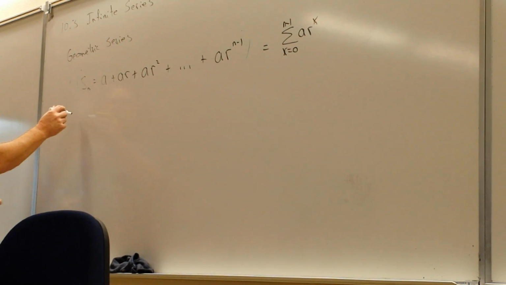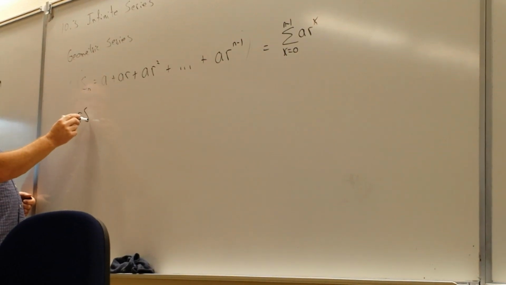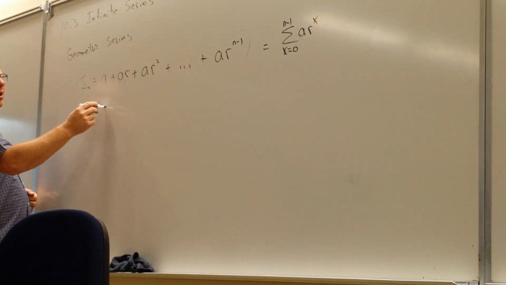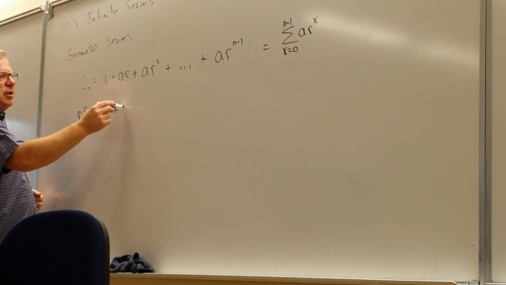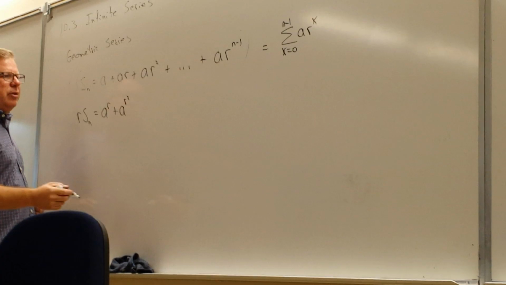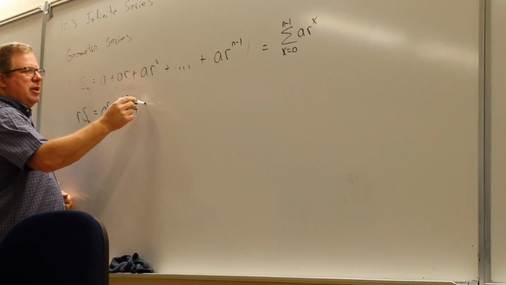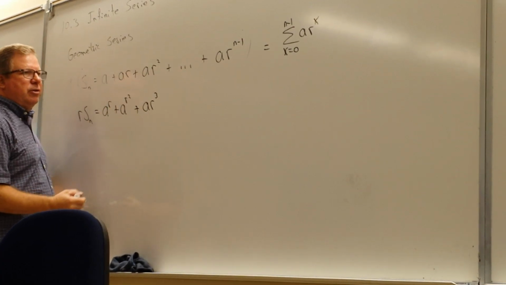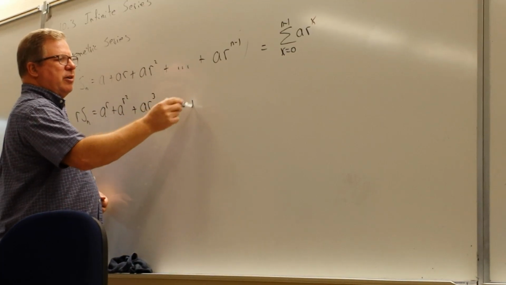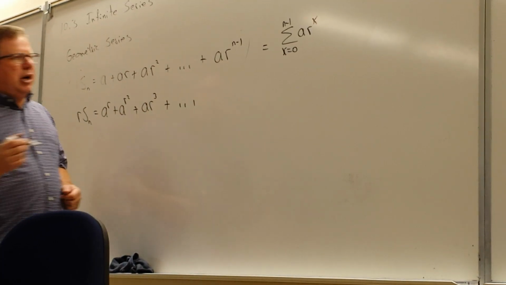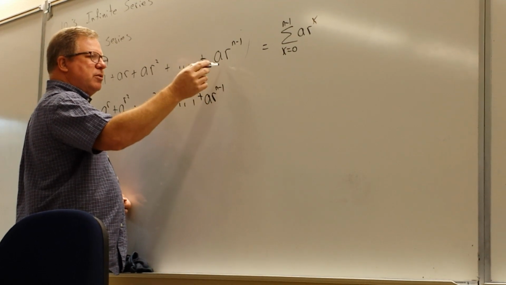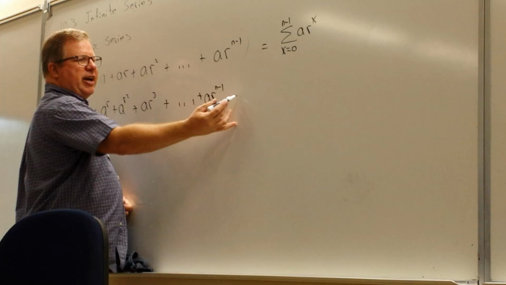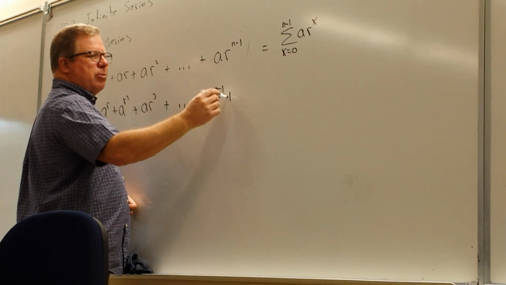Then we're going to get r times s sub n equals ar, ar squared, plus ar cubed, plus dot, dot, dot. I'm going to write this as ar to the n minus 1, so that's not the last term, but the previous to the last, plus ar to the n.